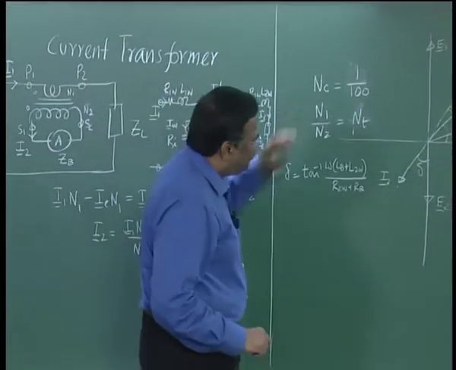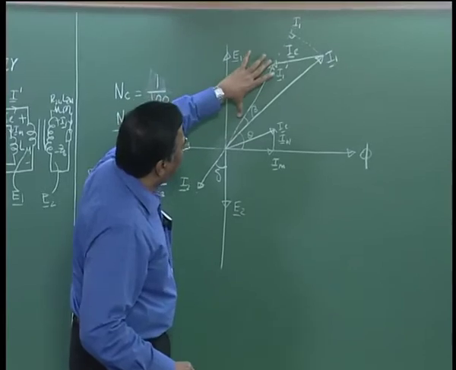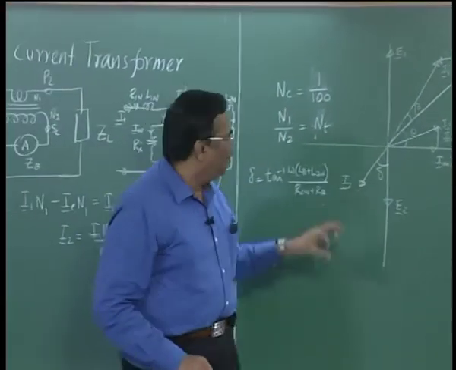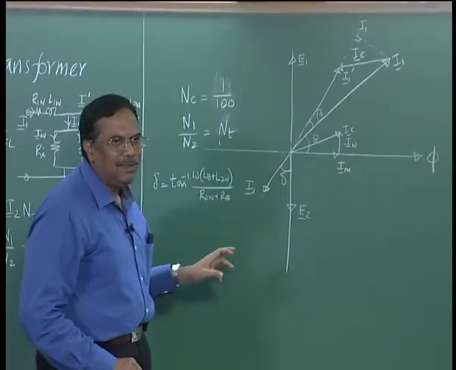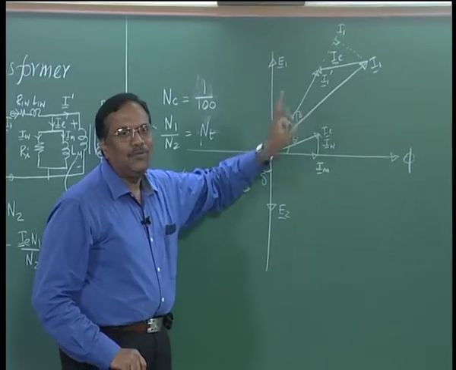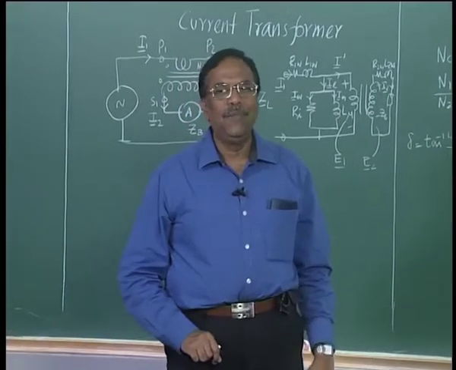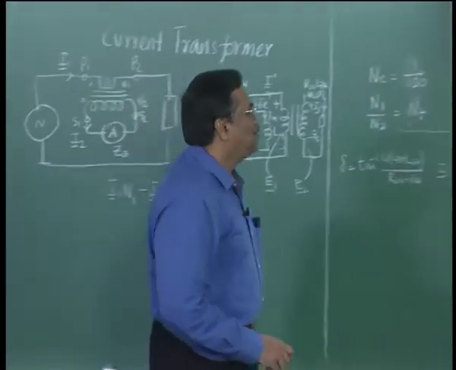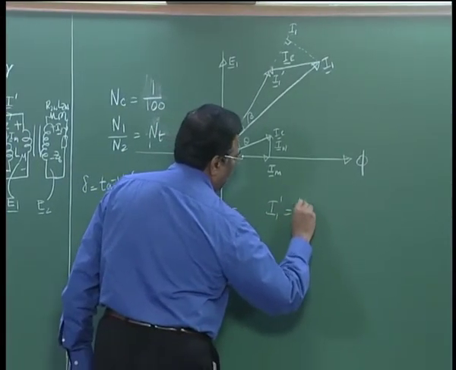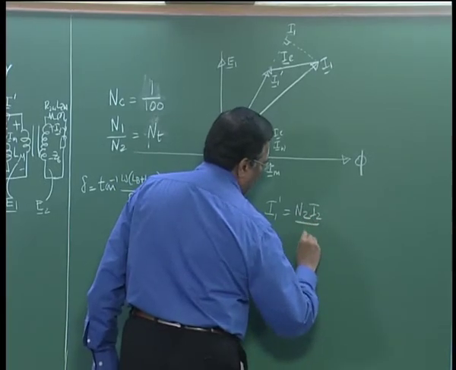So, now if I look at I1, I1 is I1 prime plus something, right. What is I1 prime? It is a reflected current. So, that would be N2 by N1 into I2, right. So, I can write I1 prime is equal to N2 I2 by N1.